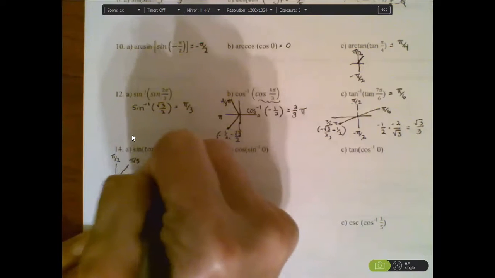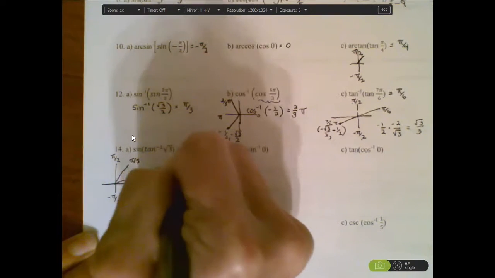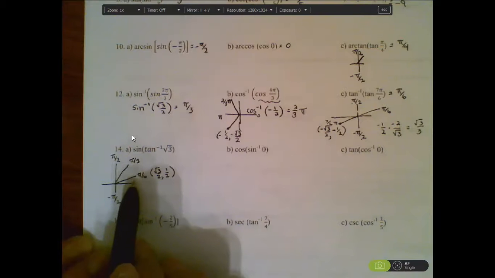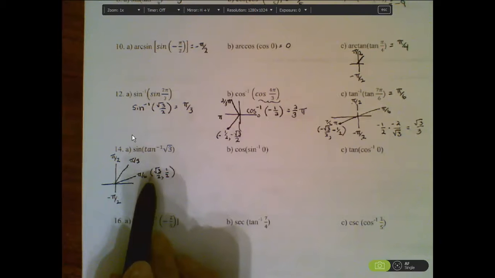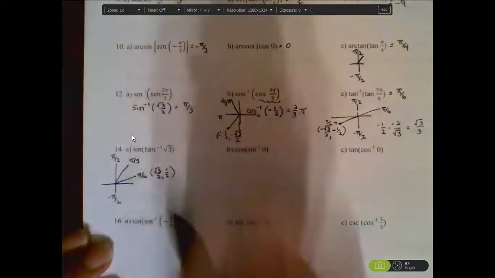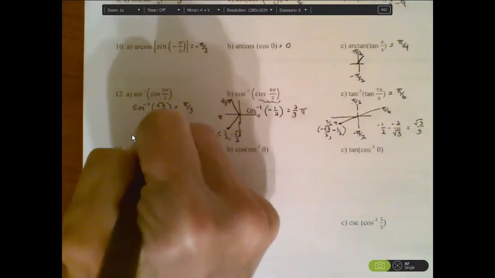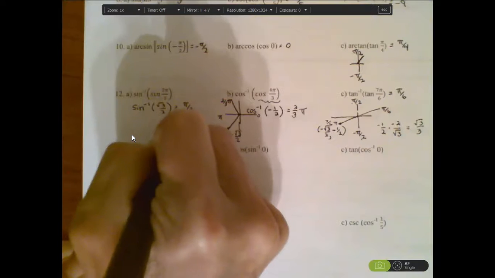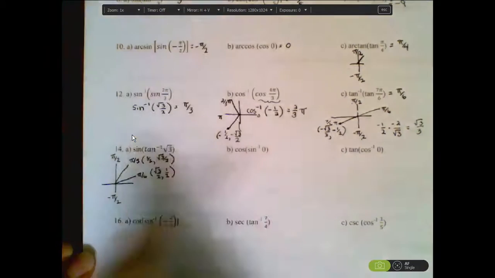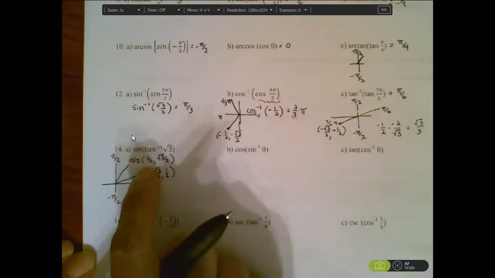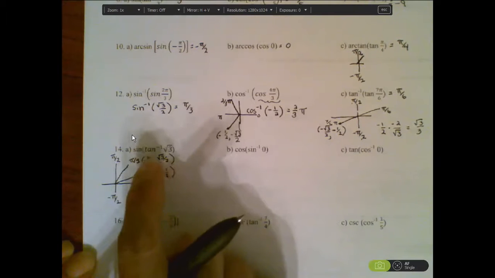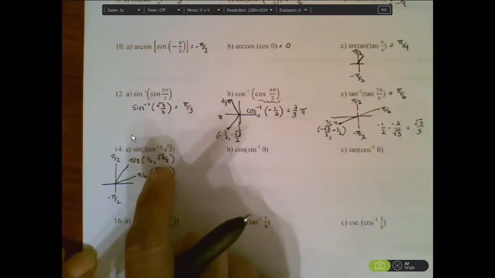I need to write the ordered pairs and say at pi over 6, the y divided by the x would leave me the square root of 3 in the denominator, and that's not what I want. So pi over 3 is the ordered pair one half, square root of 3 over 2. That y divided by the x would flip the x, the 2's would cancel, and that would leave me just square root of 3.